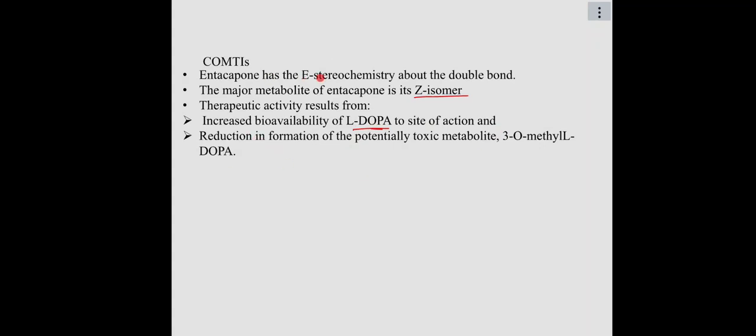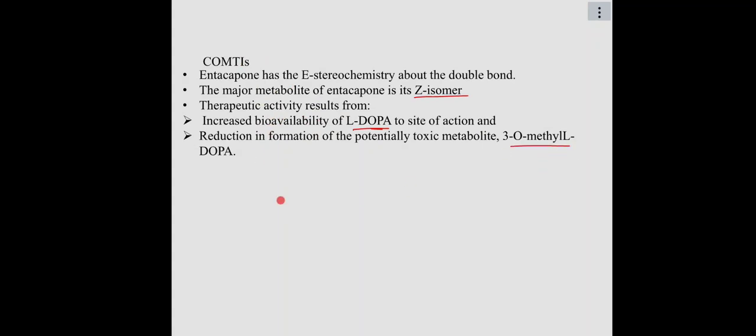It also reduces the formation of the metabolite called 3-O-methyl L-DOPA, because L-DOPA is not being metabolized, so you have a lower concentration of this compound.